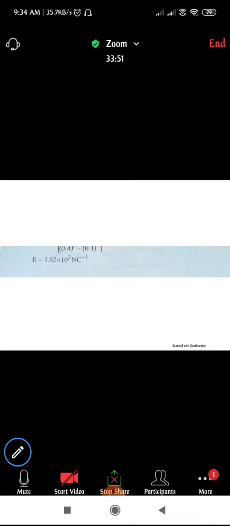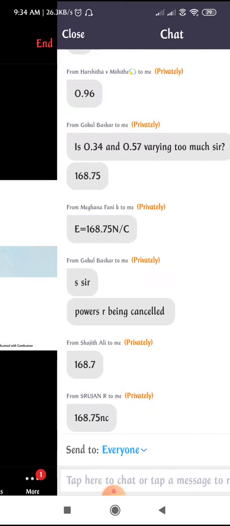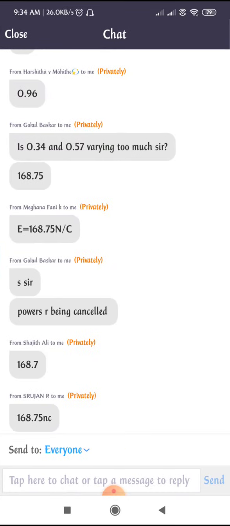So the answer you people have given is wrong. I think you have used the wrong formula. Maybe you have taken the electric field formula as E is equal to 1 by 4 pi epsilon naught into Q divided by r square.